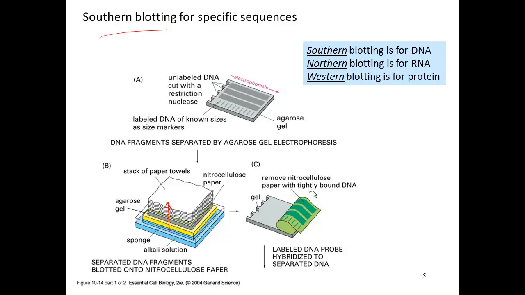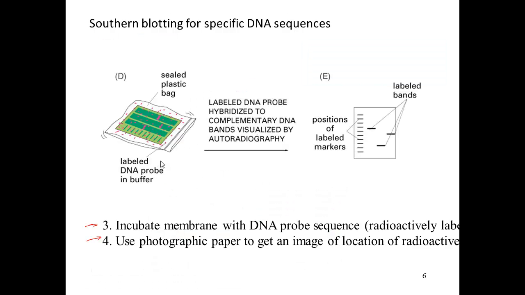It binds DNA tightly, and on this plastic sheet we have a duplicate of the electrophoretic gel. When we put this plastic membrane into a plastic bag along with a radioactive probe, then this probe can hybridize to its complementary sequence, allowing us to identify specific bands in the DNA.